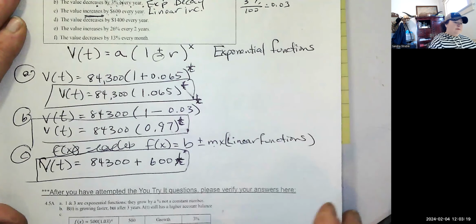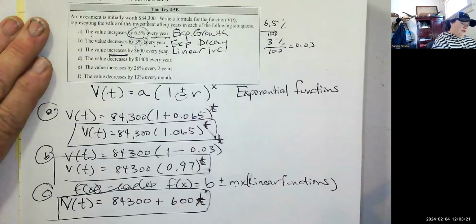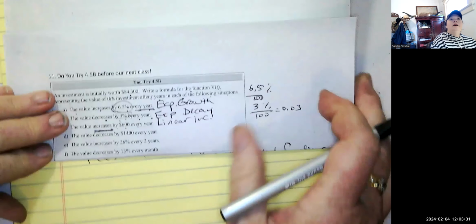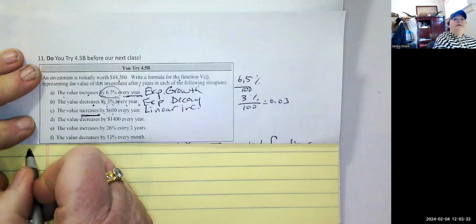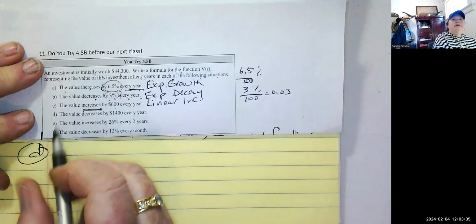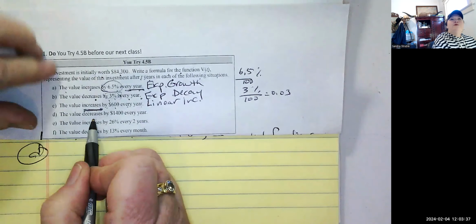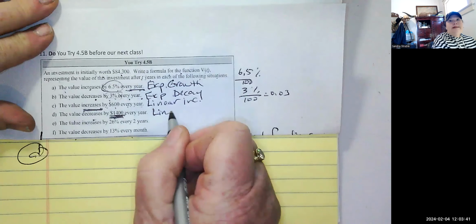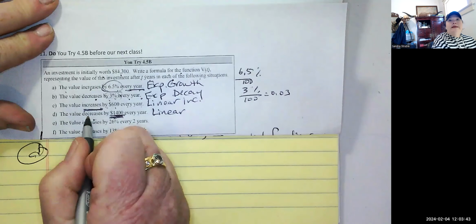And let's go to D. I'm going to do that on a different page because I'm running out of space here. All right, let's do that. And for D is the value decreases by $1,400 per year. That too is linear and it's decreasing.